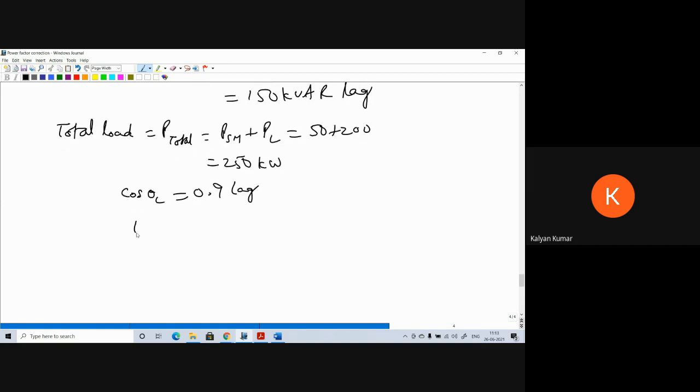Therefore, tan theta for cos theta 0.9 is 0.484. Combined kVAR is P into tan theta, that is 250 into 0.484.